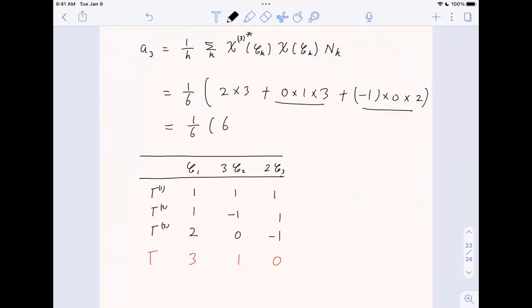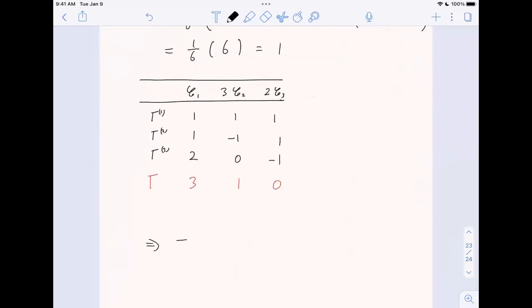And this is 0, this is 0. So you get 1. Okay, so you combine together, you get gamma equal to gamma 1 plus gamma 3. Okay, is it okay? So you have a decomposition into the irreducible representation.